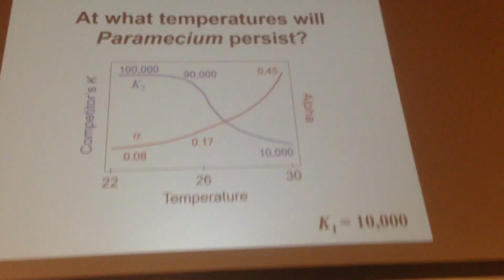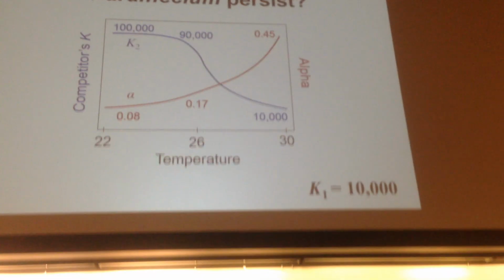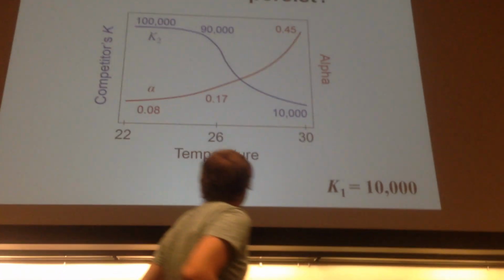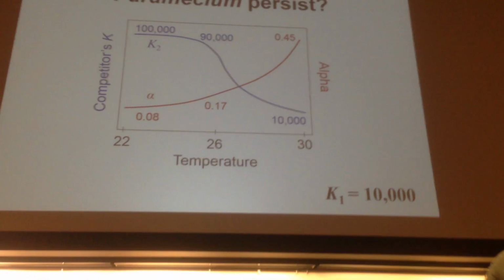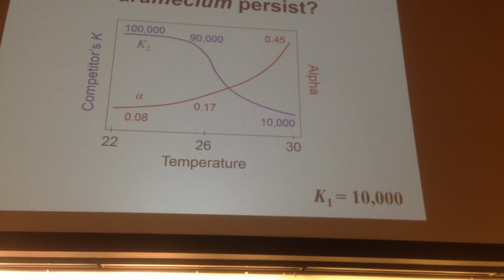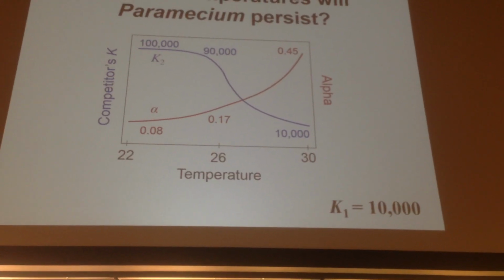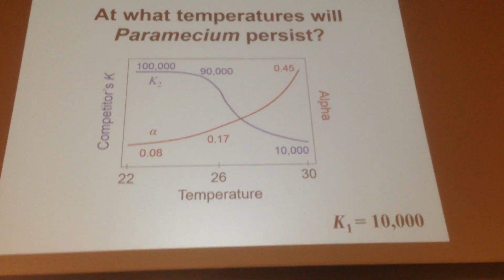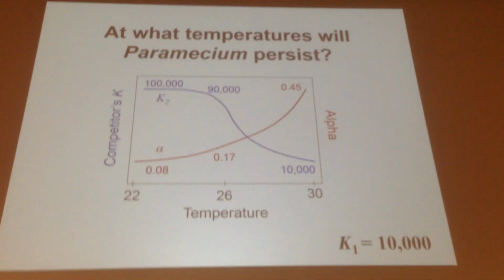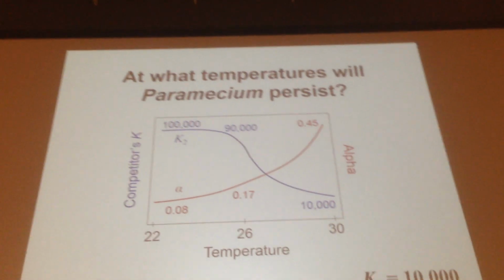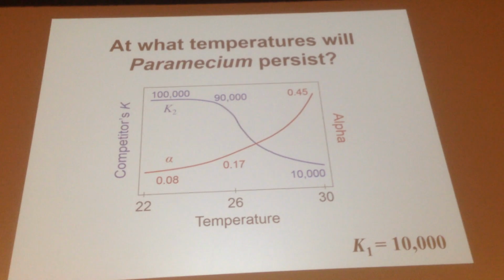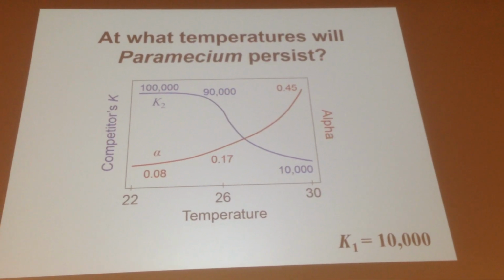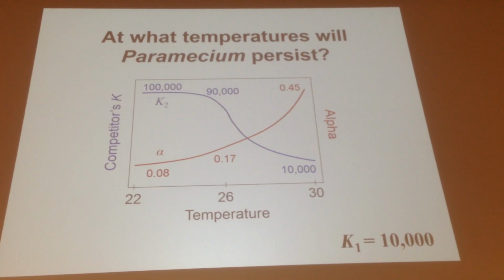I don't remember who K2 and alpha are for, is the issue. Is alpha the effect of K1 on K2, or is alpha the effect of K2 on K1? I need to know that. I mean, the first population on the second population.